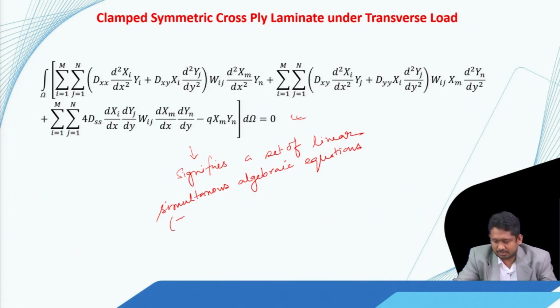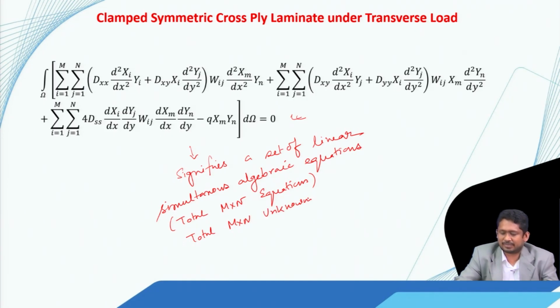There are total m into n equations, and there are total m into n unknowns, because our unknowns are W m n and they are total m into n in number. So, if we solve these equations, we can uniquely find out W m n, and once we get W m n, we can substitute back to its original approximation, and that gives me the solution for W.